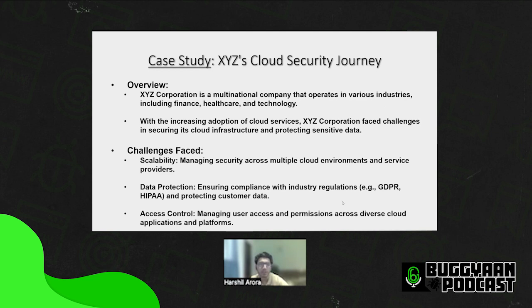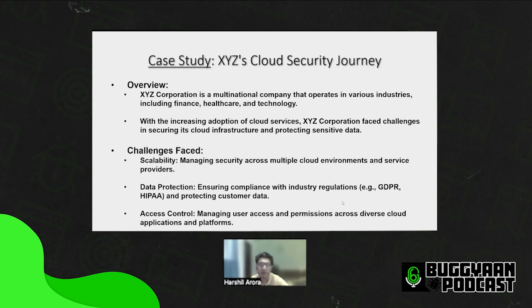First was scalability, like we discussed. When we maintain a hybrid sort of cloud environment, since there are multiple environments to be secured and multiple services integrated with each other, it becomes a little difficult to scale and manage security at the same time. Second was data protection: all kinds of regulations that we have in place as per the company's position in the market.